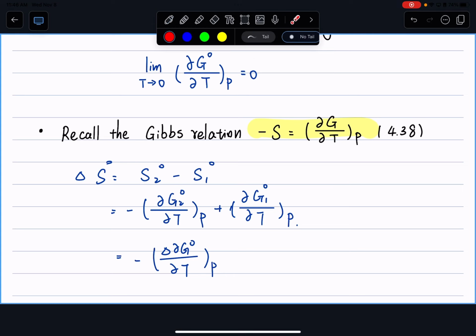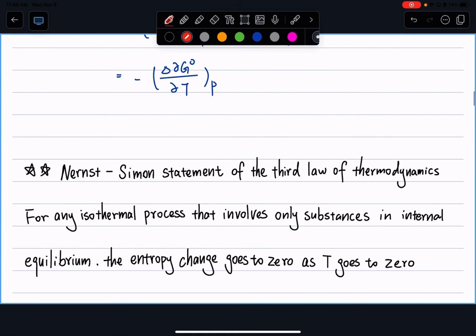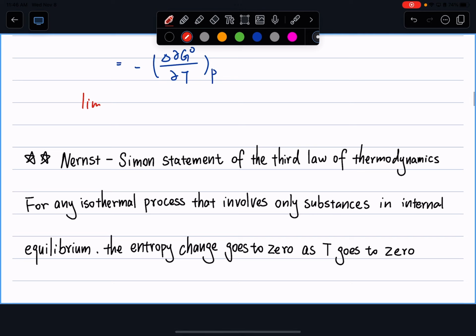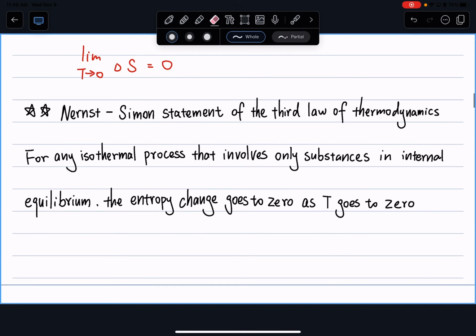That's an experimental observation we made. Or the way to put it is, when T approaches 0, the delta S of any reaction goes to 0.